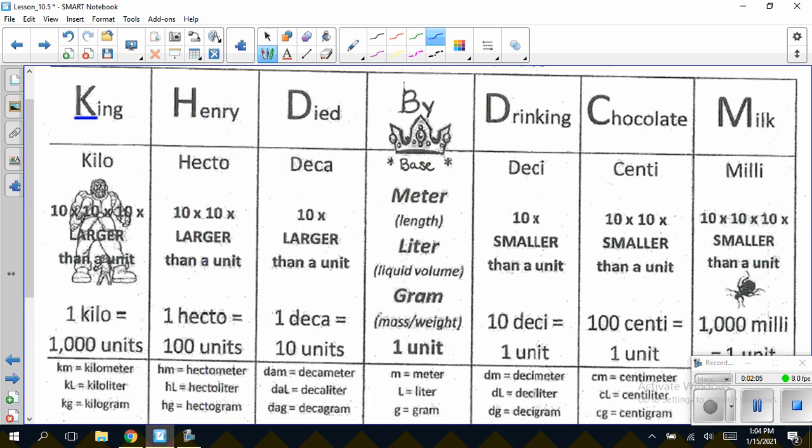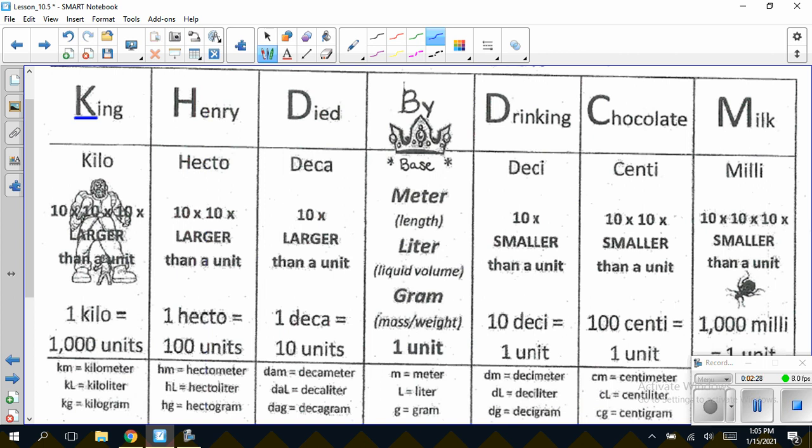So going back to the kilo, if we were working with a kilo, that means you have 1,000 units. So if you were working with your meters, your length, a kilometer is the longest unit of measure that the metric system has. And again, it's 1,000 units of one of those meters.